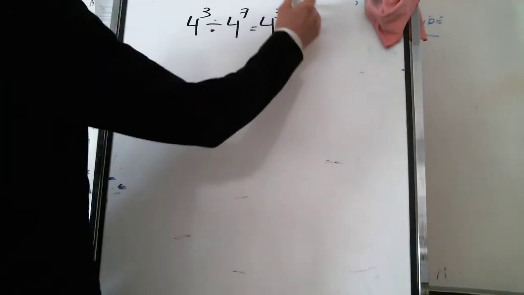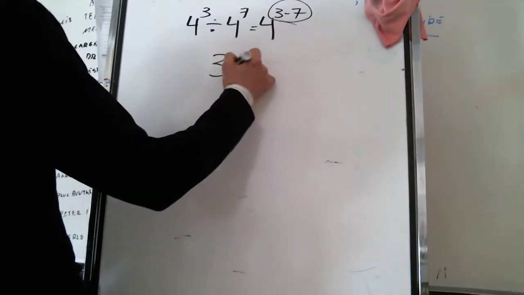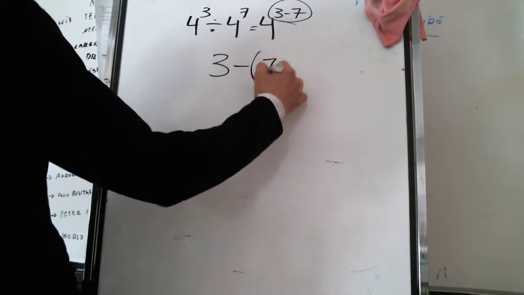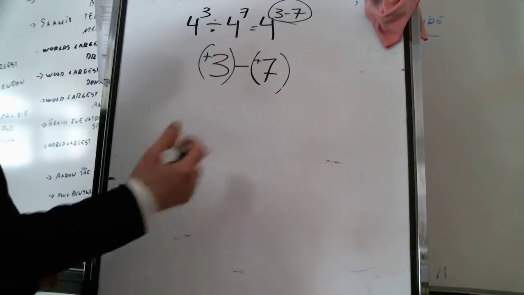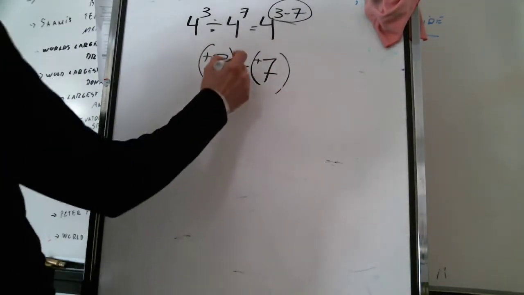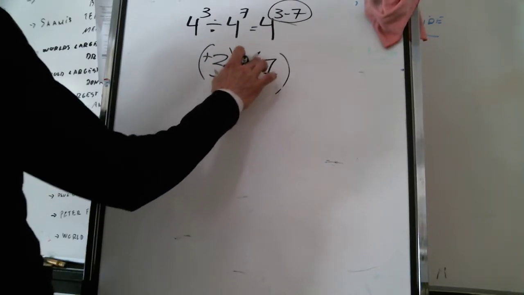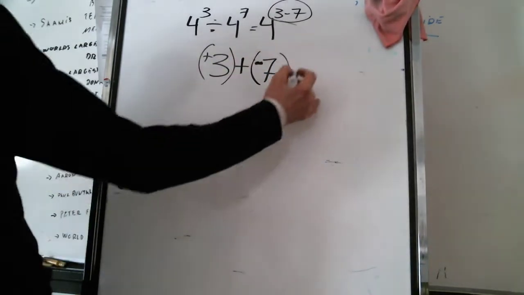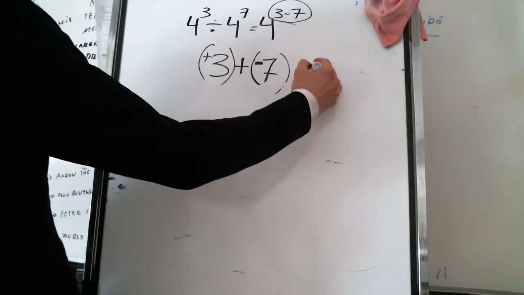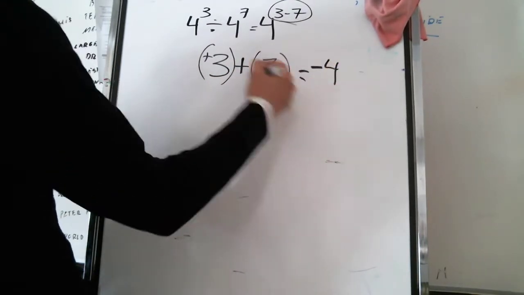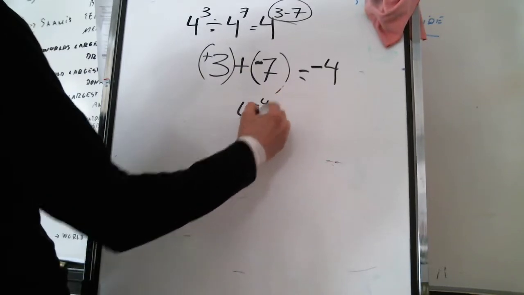Because this is integers. 3 minus 7. This is a positive. Do I subtract negatives? No. I add. This is a positive. It becomes a negative. That gives me 3 plus negative 7, which is going to give me negative 4. The answer to this is 4 to the negative 4.